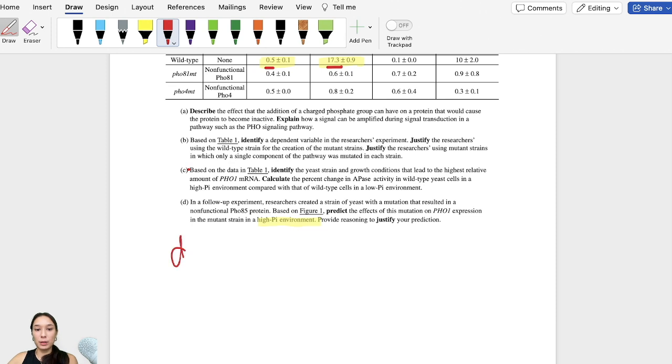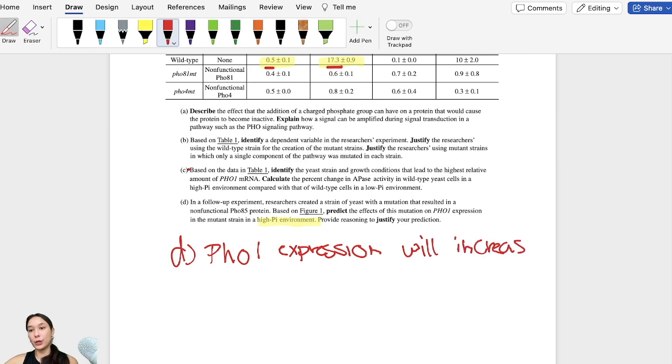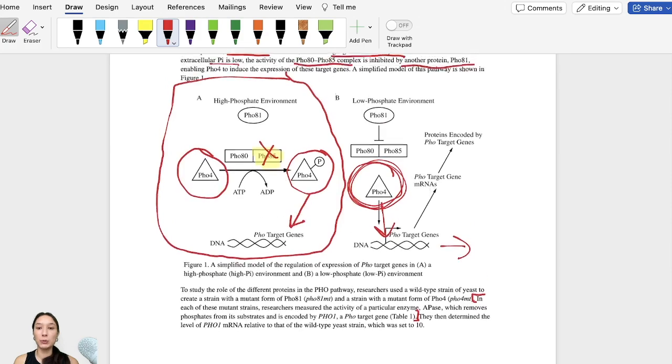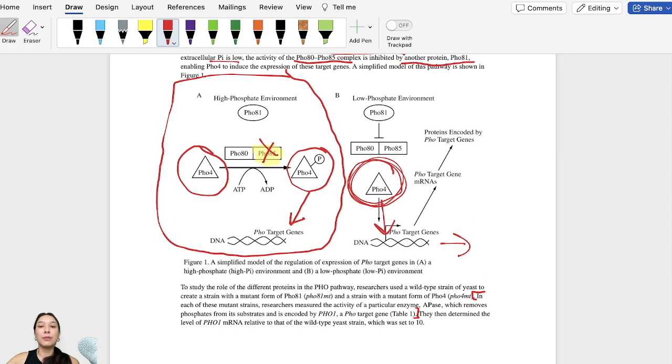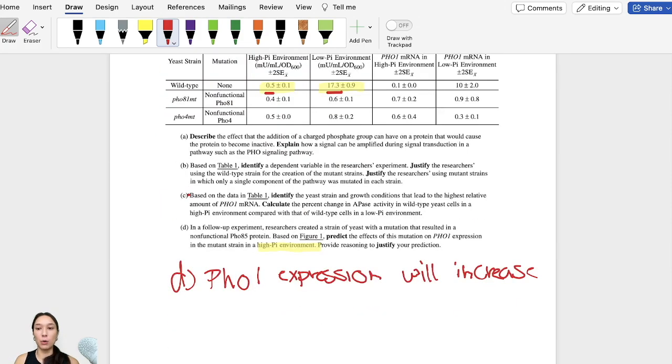So it's predict the effects of the mutation on Fo1 expression. So as a result, Fo1 expression will increase. And they're asking you to justify it. So the reason Fo1 expression is going to increase is because Fo4 can't be phosphorylated anymore.